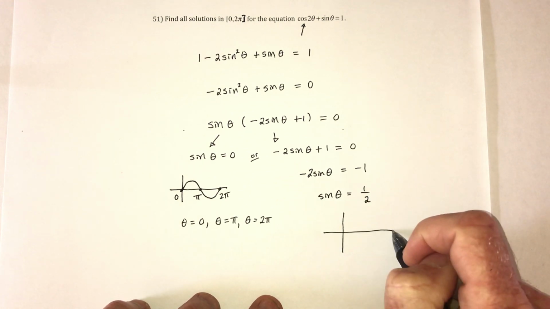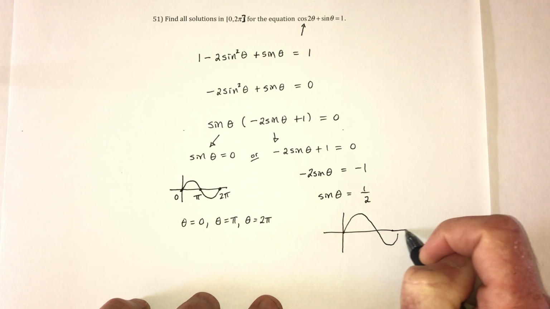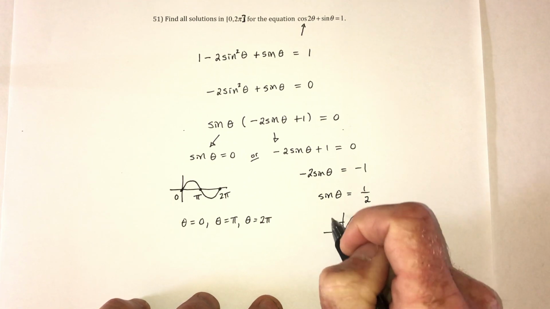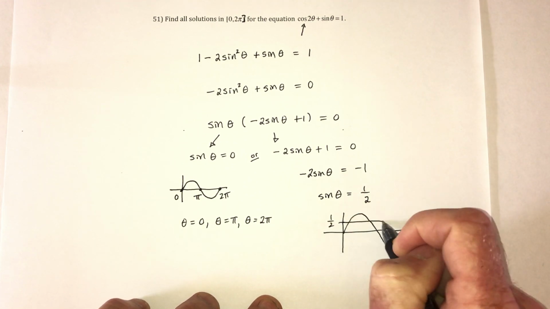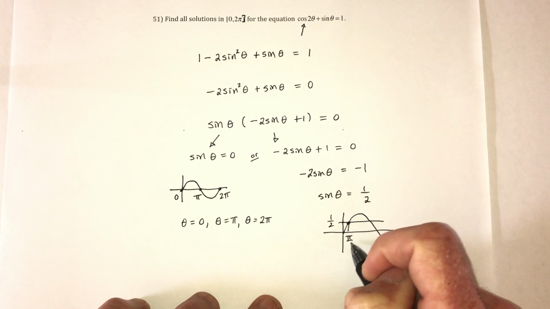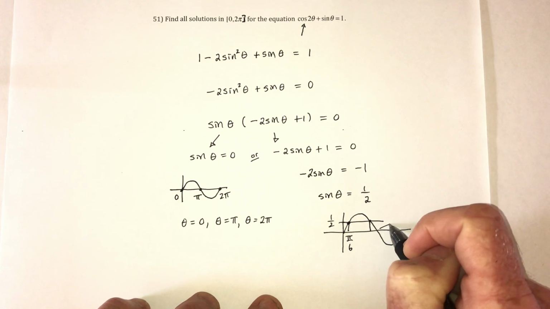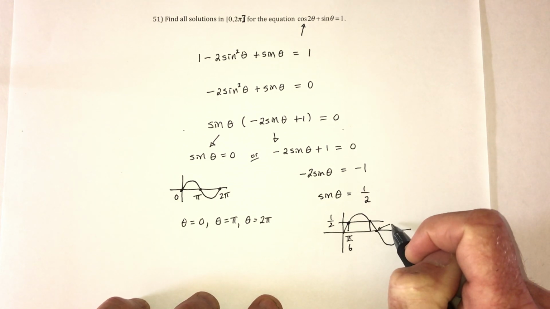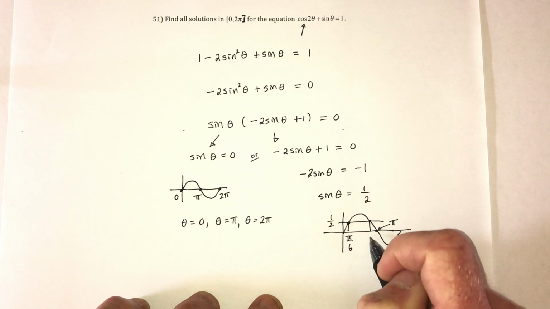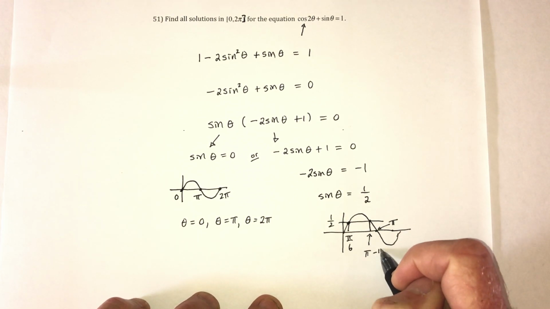So the sine graph would look like this. And then here's 1/2, goes straight across. There's one solution right here, which is at pi over 6. And there's another one right here. And right here where it crosses the x-axis is pi, which means this is at pi minus pi over 6.